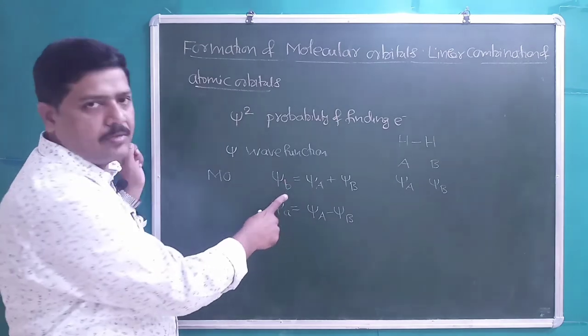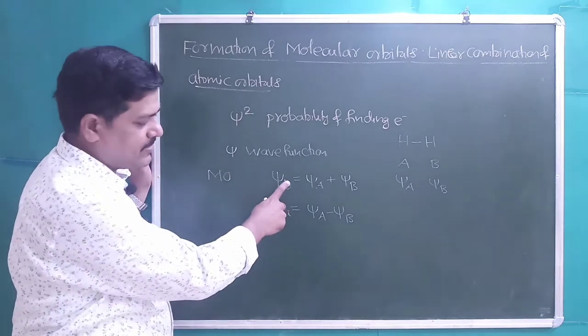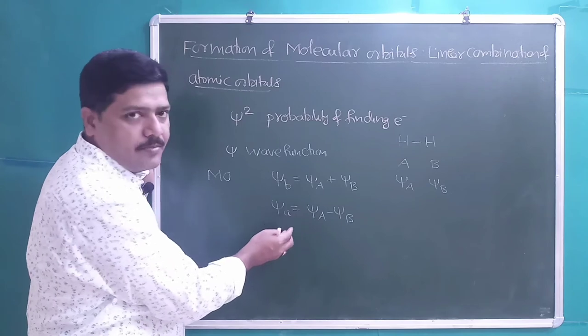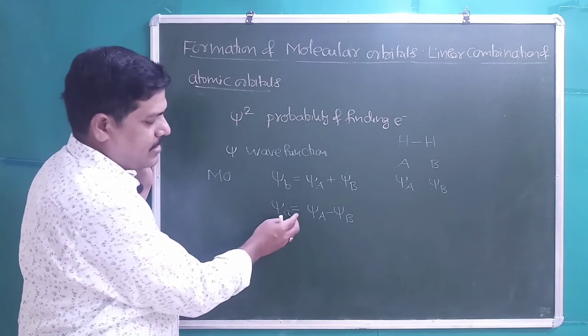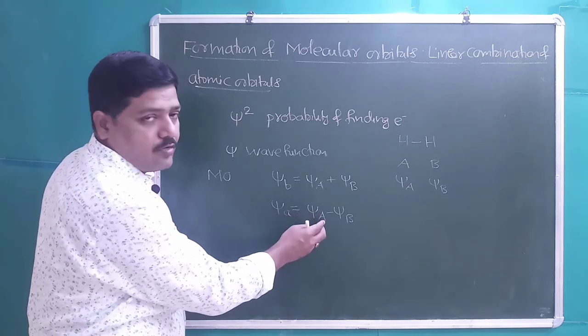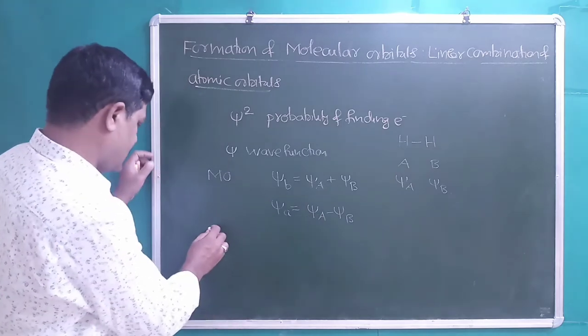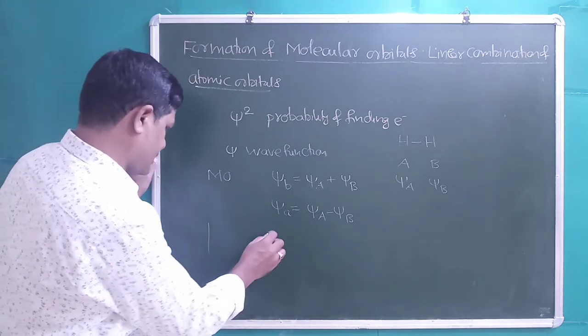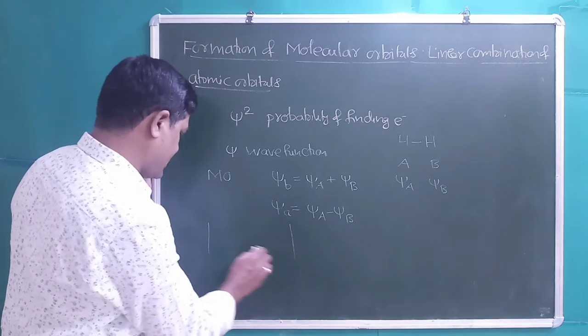The first one is formed due to constructive overlapping. The second, anti-bonding molecular orbitals, are formed due to destructive overlapping. We can indicate this with a diagram.